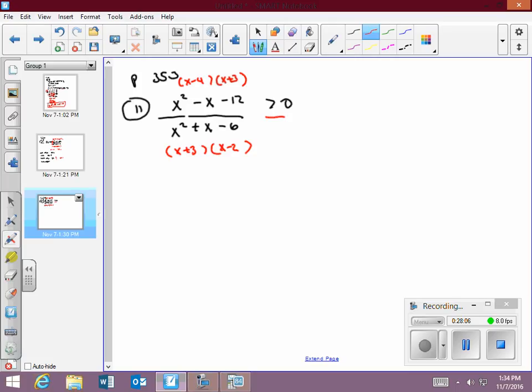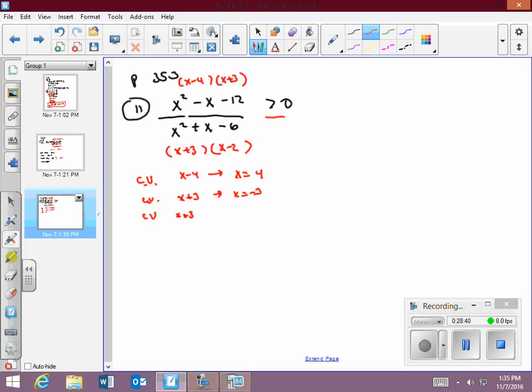Now, let's do the critical values for each one of those points. For x minus 4, its critical value is going to be what? x equals 4. The critical value for x plus 3 is going to be x equals minus 3, right? Critical value for x plus 3.